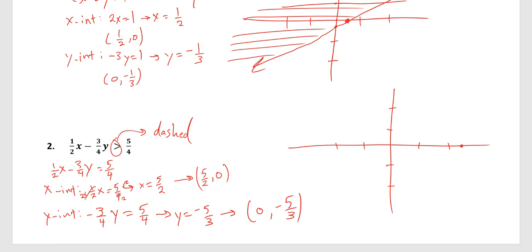The y-intercept is 0 and -5/3, so 5 divided by 3 is about 1.66, so here, 0 and -5/3. Okay, and then it's a dashed line, so we connect them with a dashed line.